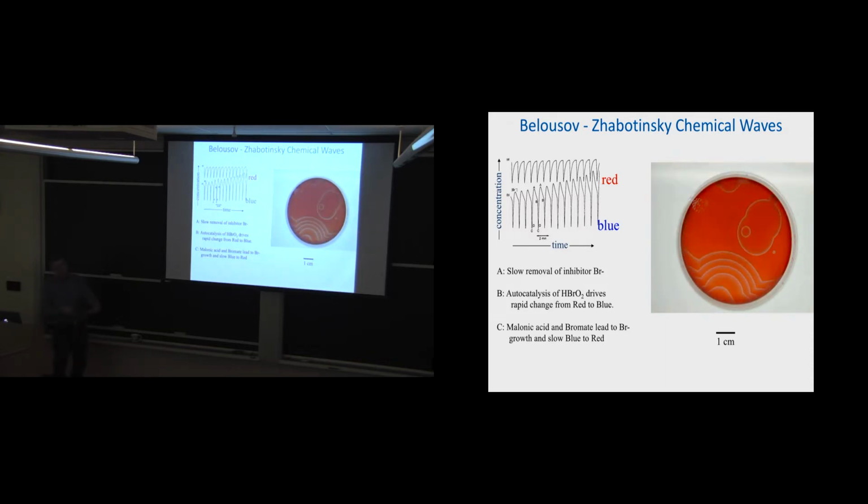That's because just after you've activated it, there's a lot of inhibitor produced. So on the backside of the activation front is a large inhibition, so it annihilates the oncoming wave.